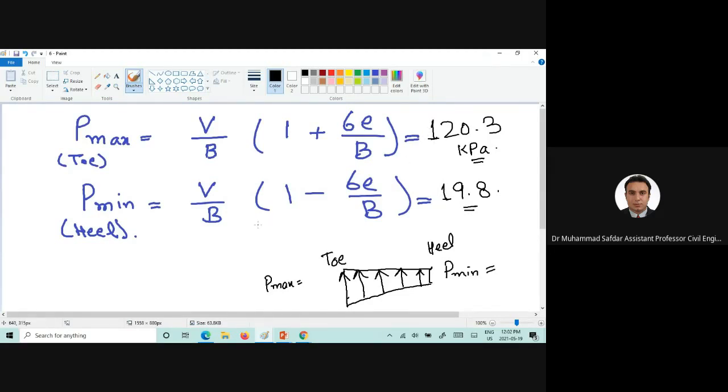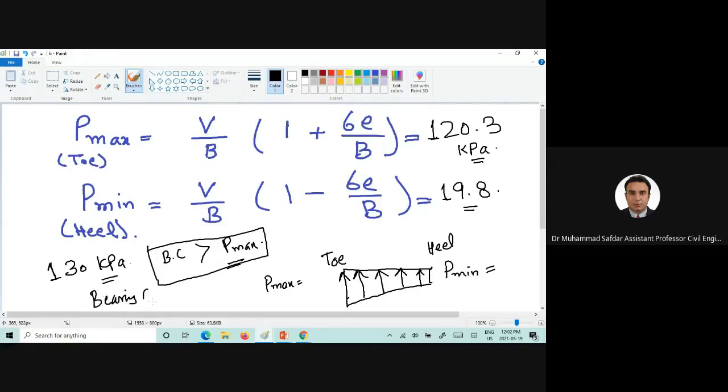Now, in this problem, the bearing capacity is not given for that soil. But for example, if the bearing capacity is 130 kilopascal, if it was given, or we can also find it using the shear strength parameters and the friction angle which is given. So we can compare the bearing capacity and the base pressure. As the bearing capacity is greater than the P maximum, which we will also solve in the next problem, then we can say that the bearing capacity limit state is satisfied.